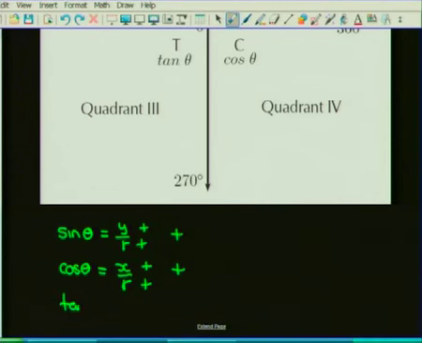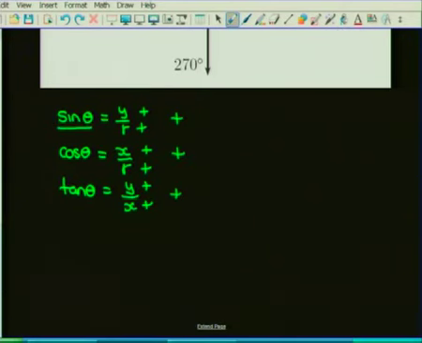And tan theta, which is y over x, which is again a plus over a plus, so overall a plus. So before we go any further, obviously, if we're dealing with a reciprocal, cosec theta, it is r over y, so it won't change the fact that it's a plus over a plus, so overall we have a plus.